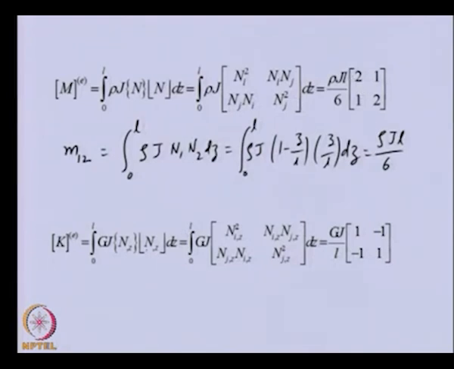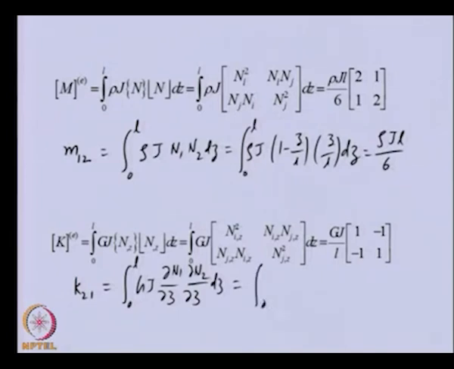On the same lines, we can obtain the stiffness elements. If we want K21, we need to integrate from 0 to L G j, and in this we have the derivative of the shape functions, N1 with respect to z and N2 with respect to z.